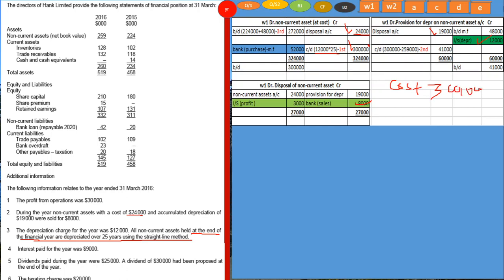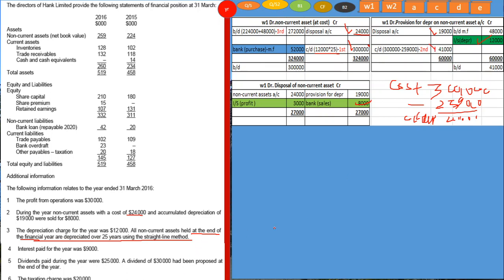If you look at your net book value here, it is 259,000. So if you subtract 259,000, the net book value, you will get your accumulated depreciation, that is depreciation up to date. So that is your 41,000. That's how this has been arrived at, and that's how we do this.